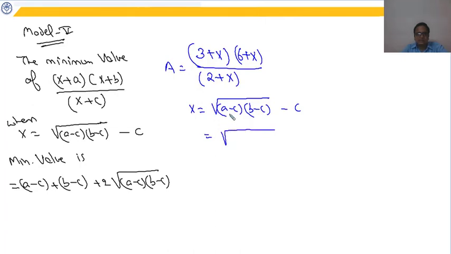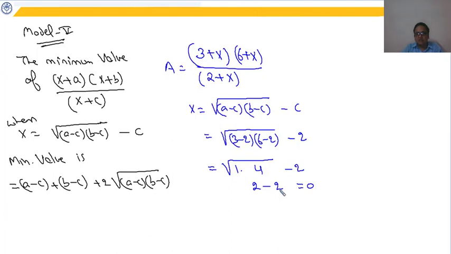So a in this case is 3, b is 6, and c is 2. C has to be less than both a and b. So it's the square root of (3 - 2)(6 - 2), minus 2. 3 minus 2 is 1, 6 minus 2 is 4, square root is 2, and 2 minus 2 comes out to be 0.